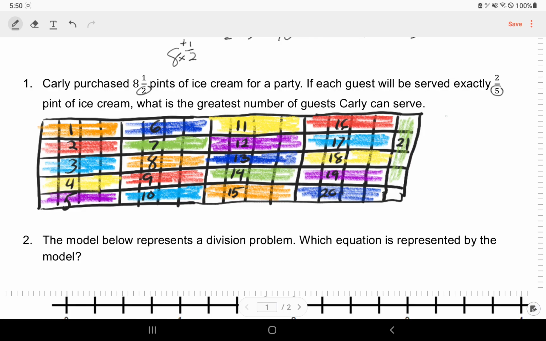So that means I can serve 21 people. Now, I don't care about this fraction because you can't serve a fraction of a person. It doesn't matter how tall or short they are. There's no such thing as a fraction of a person. So my answer's 21.